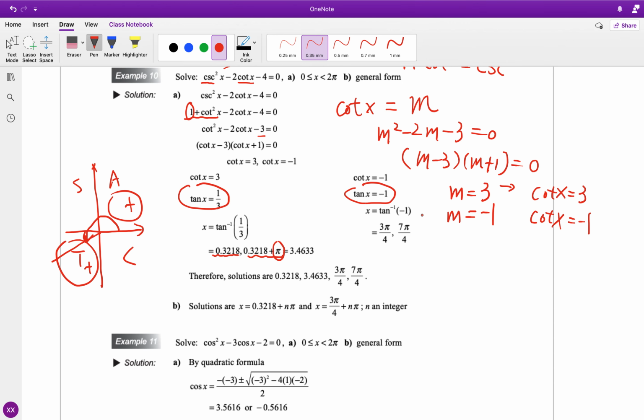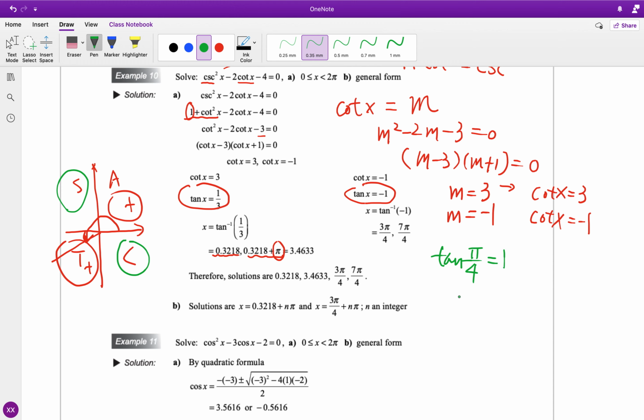Now the other one is a -1. So -1 means your tangent is in this region and in this region here, right? So in that case, we also know the tangent of pi/4 equals 1.